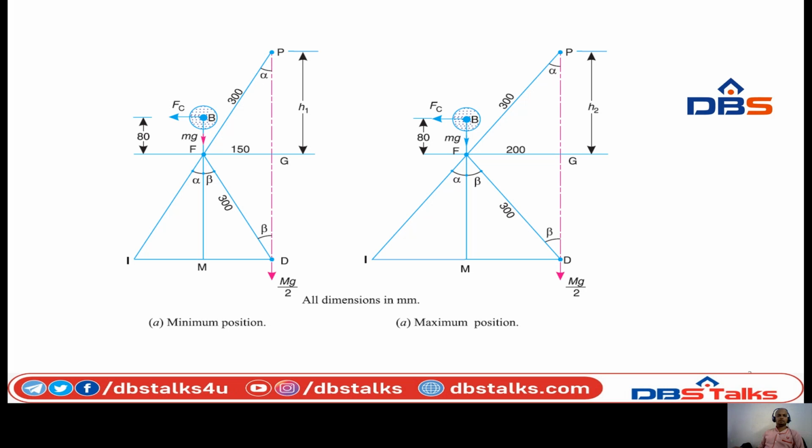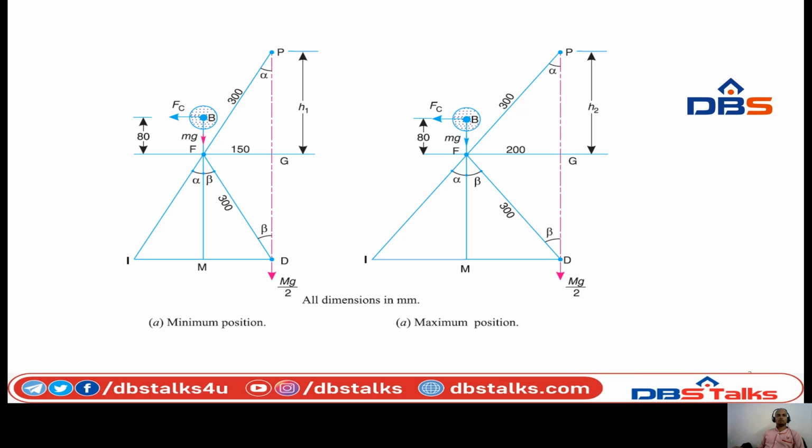And we need to find out FM also. How much is FM? FM is equal to GD, which is equal to PG. That is 260 mm or 0.26 meters that we have received.